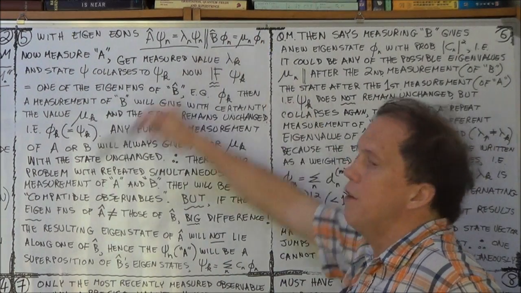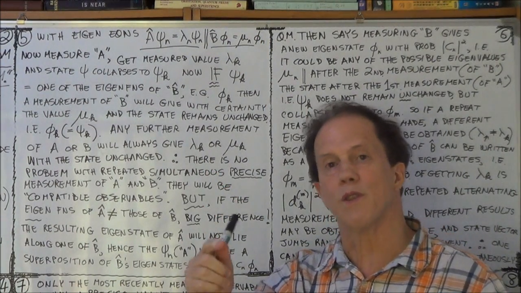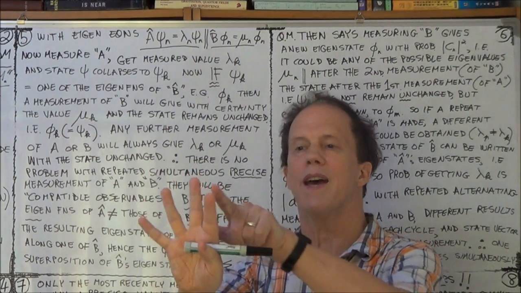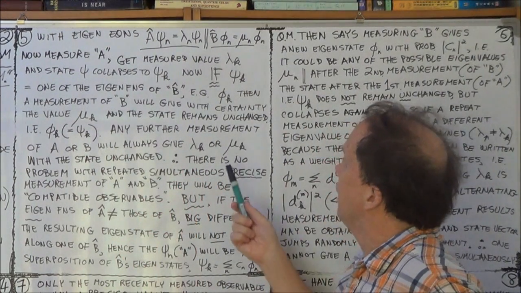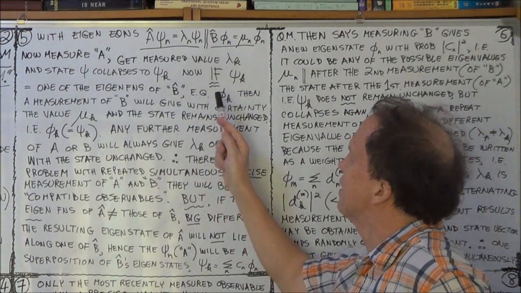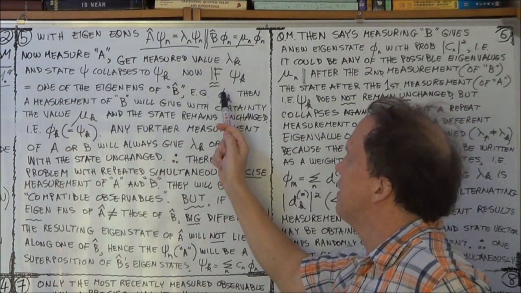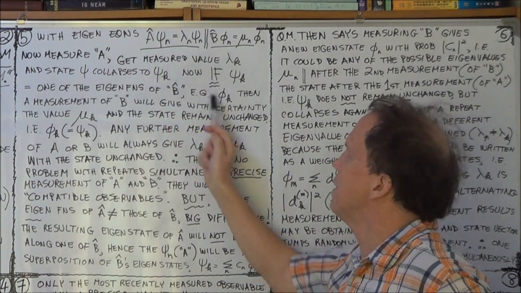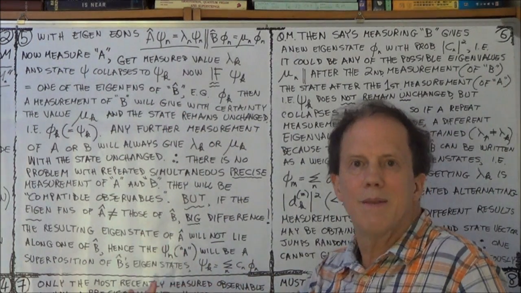And then if you do a second B measurement, the fourth measurement, again you will get mu k. Because the state doesn't change, it just stays here. But these two are the same, so they're in the same state.